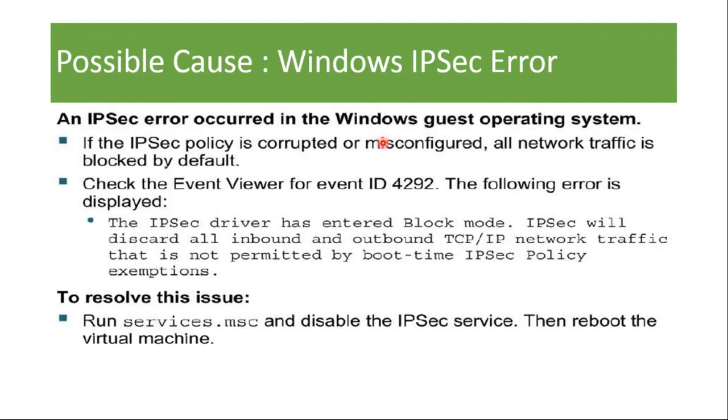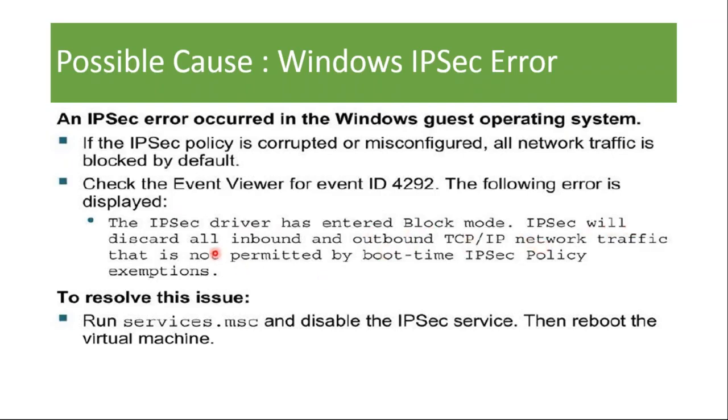One of the possible causes for your virtual machine network drops is a Windows IPsec error. An IPsec error occurs in the Windows guest operating system when IPsec policies are corrupted or misconfigured. You can view it in the Event Viewer, event ID 4292, and it will display the following error: the IPsec driver has entered block mode.